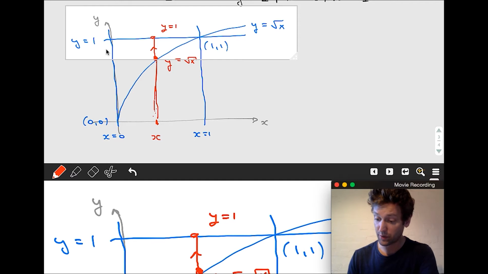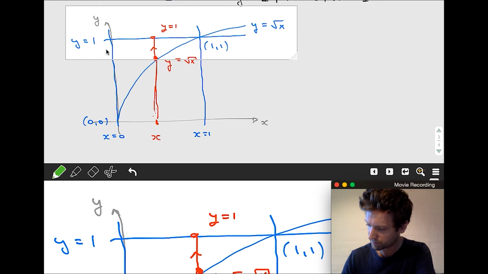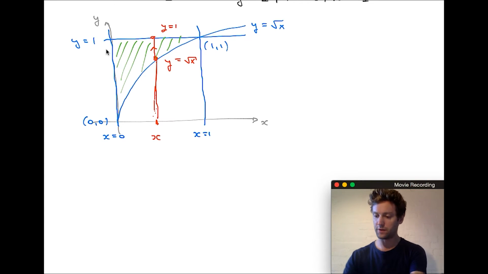So you can see that the region of integration is the upper left-hand space there. Let me just indicate that in green. That's our region of integration. Let's call that omega.